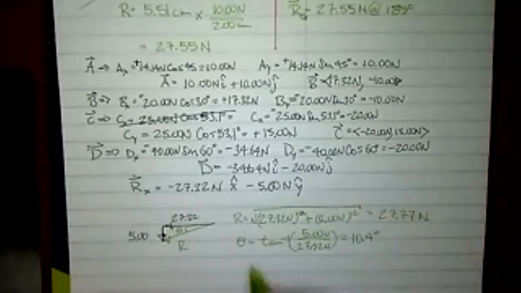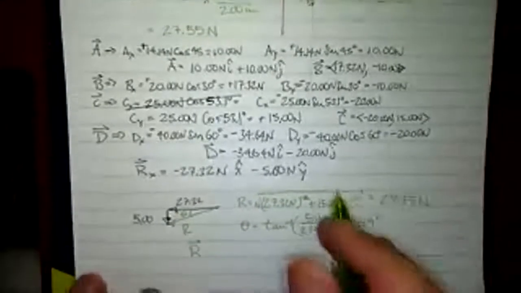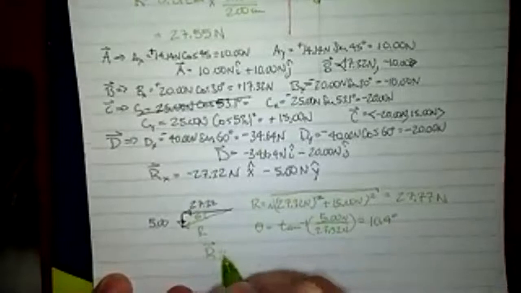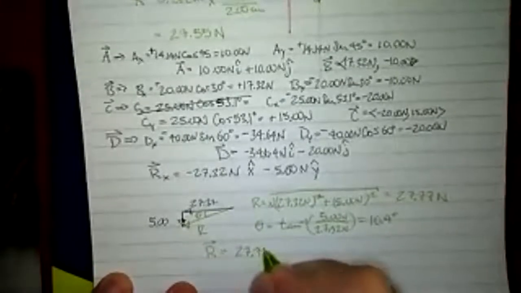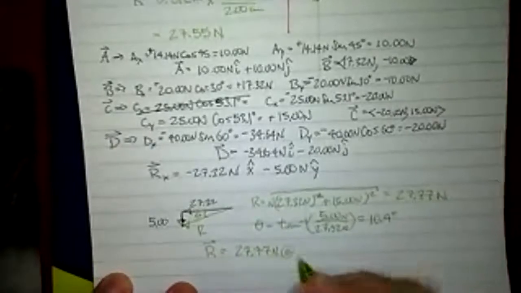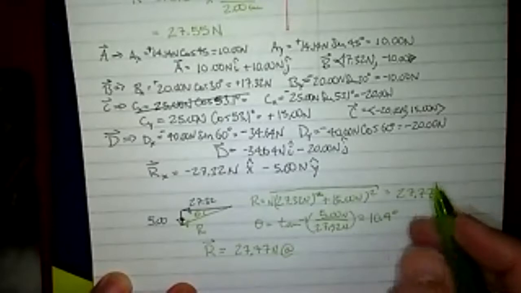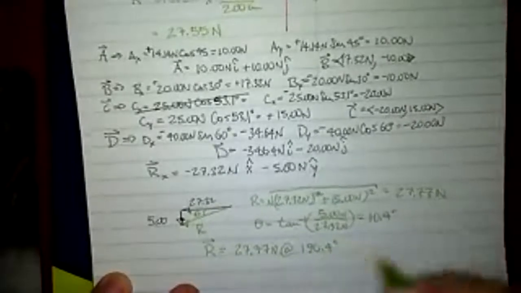So according to the math, and this is actually the correct answer, though the graphical is an approximation, R should actually be 27.77 newtons at 190.4 degrees.